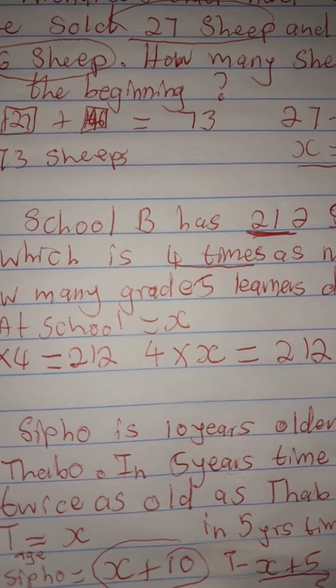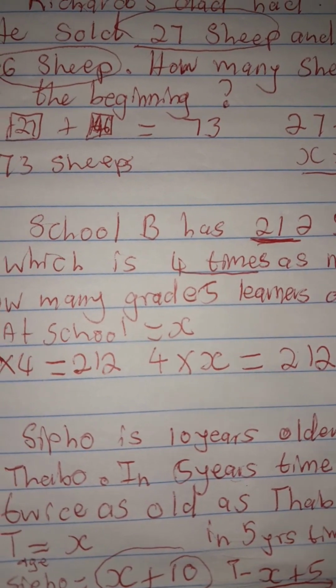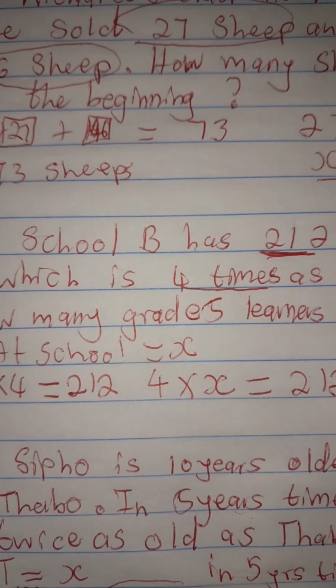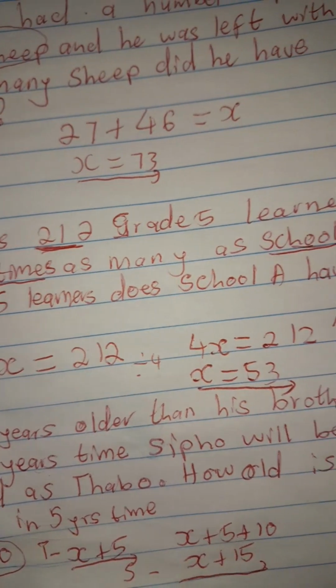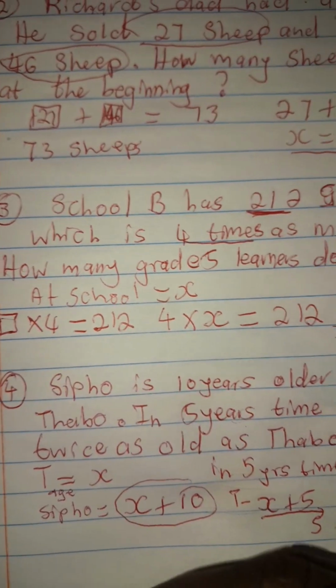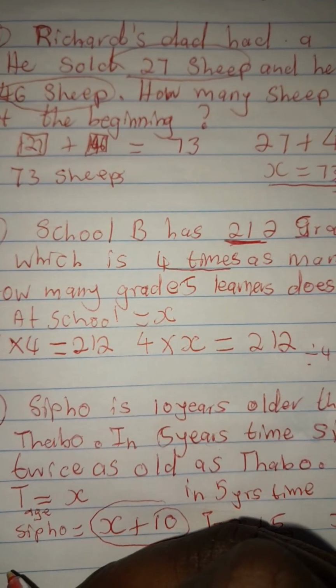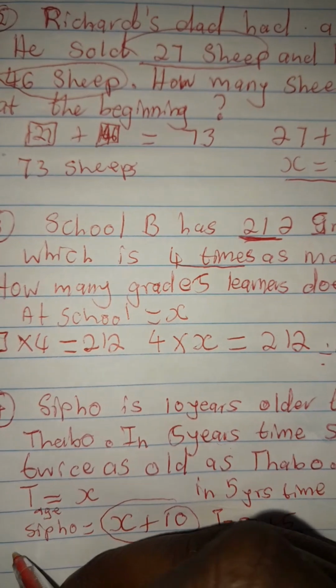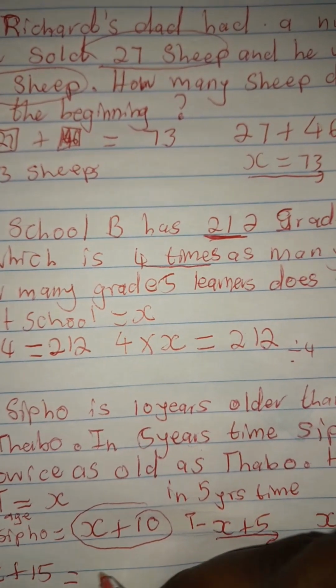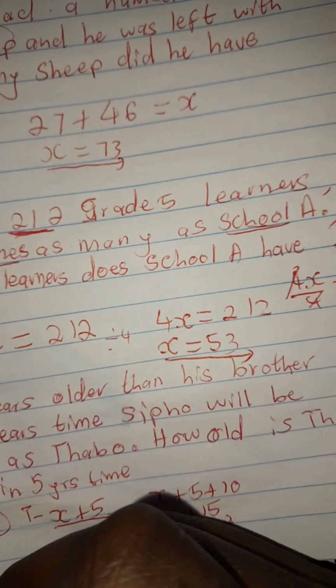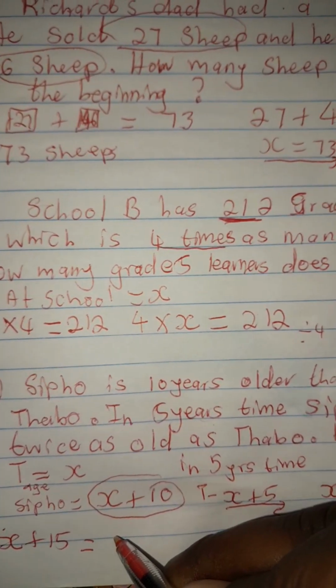So first thing first, to make life easier, since Sipho will be twice as old as Thabo, this is what we are going to do. Remember that in 5 years time, Sipho will be X plus 15. And we are being told that in 5 years time, Sipho will be twice as old as Thabo.